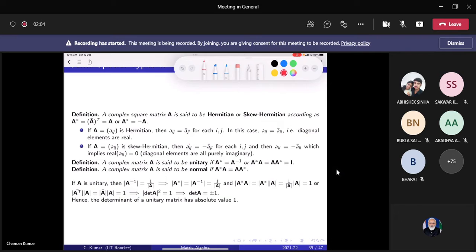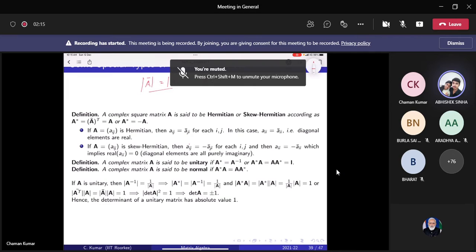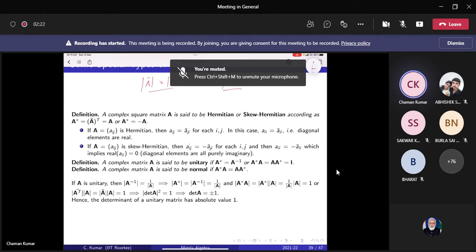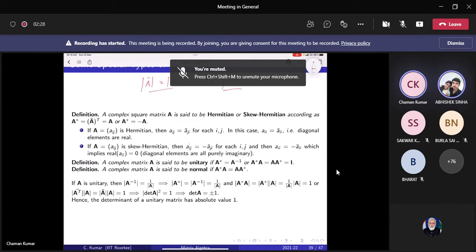You can check this. You can take any simple matrix 2 by 2, and then you can verify this, and then you can generalize this for matrix of any order. Okay.